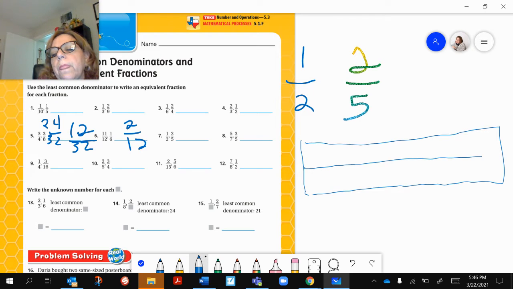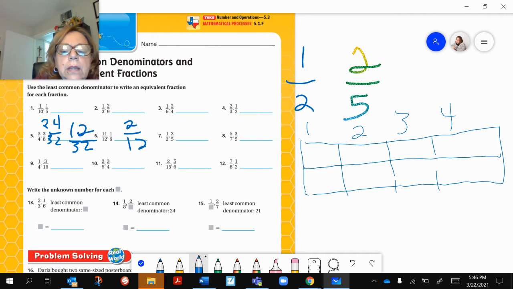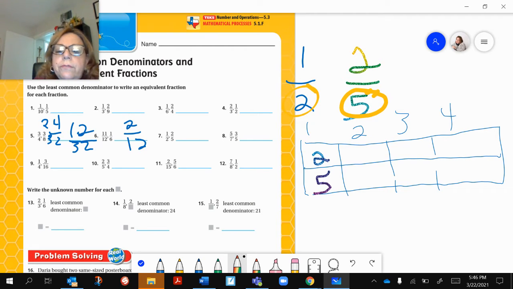There we go. Now I'm going to go ahead and number it. 1, 2, 3, 4. I'm going to circle my denominators. And my denominators are going to go here. So in the first box, that's 2. And the next one is 5.